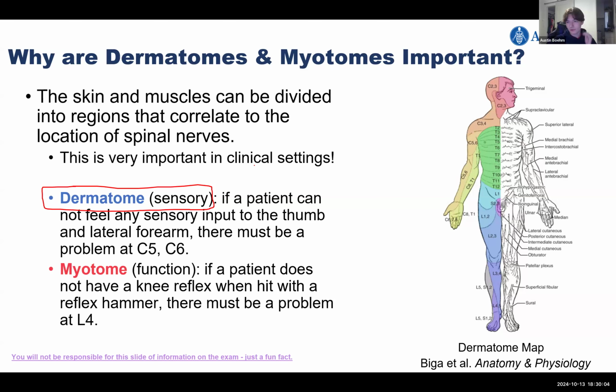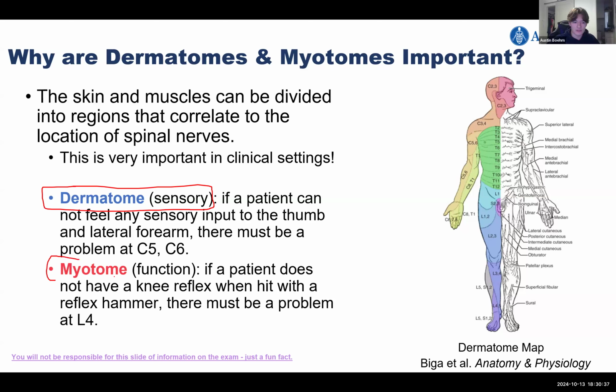The C refers to the cervical vertebrae. There's cervical, thoracic, which is mid-back, and lumbar, which is lower back. They all have different numbers, as you can see here on the side, but that's a bit out of our scope. What's important is that when someone has numbness or tingling in the distribution of a nerve, that will follow a dermatomal pattern. So you can trace that back up and get an idea of either the mechanism of injury or where there might be a problem.